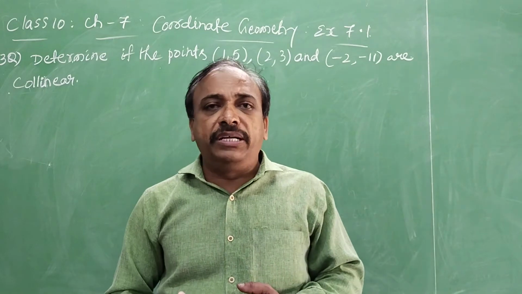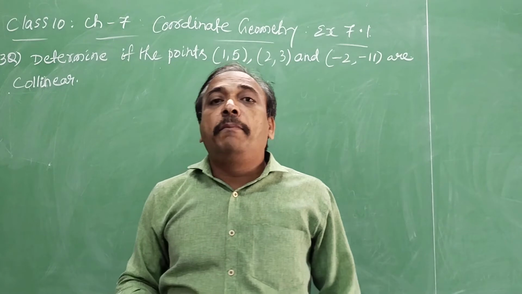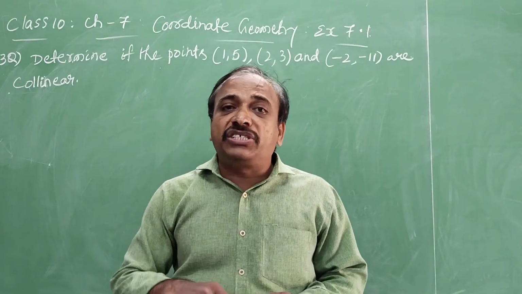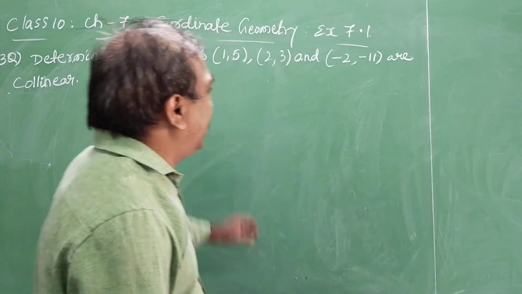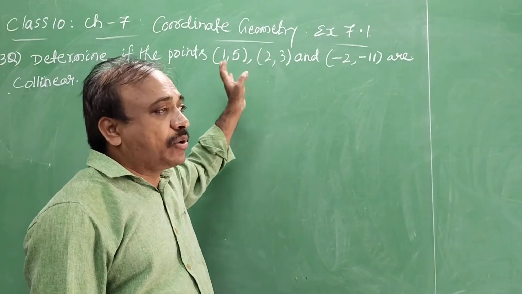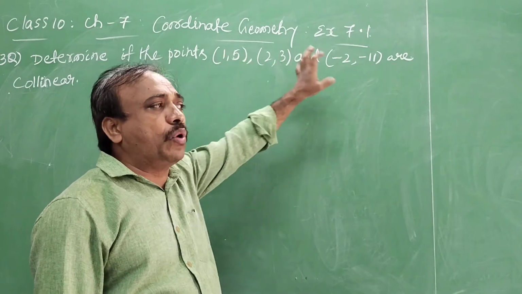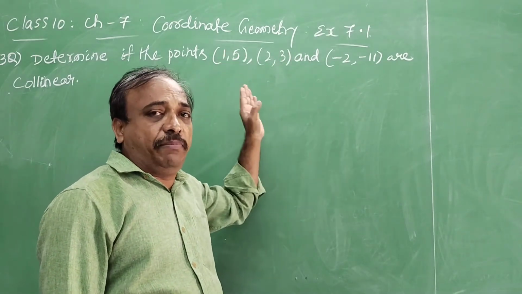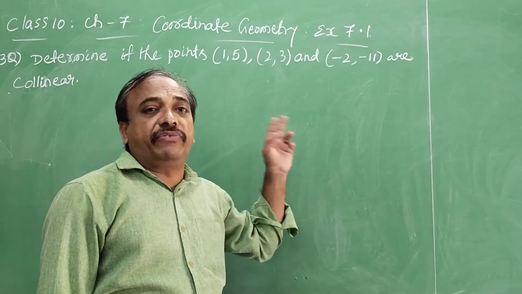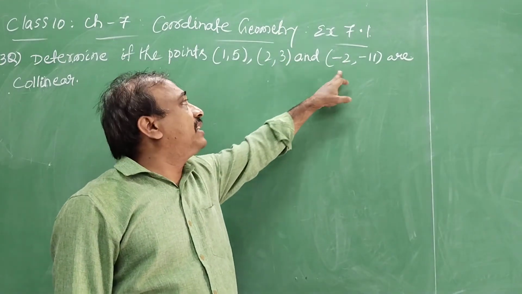Not by plotting the points in the graph sheet, but by using the distance formula, the application of distance. Assume the coordinates as P, Q, R, or A, B, C. Find the distance between successive points and between the last and first.